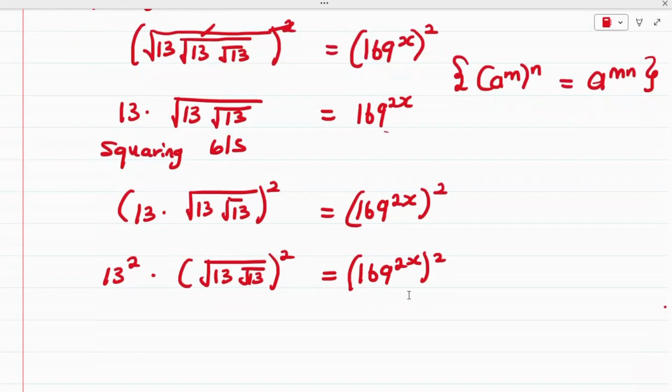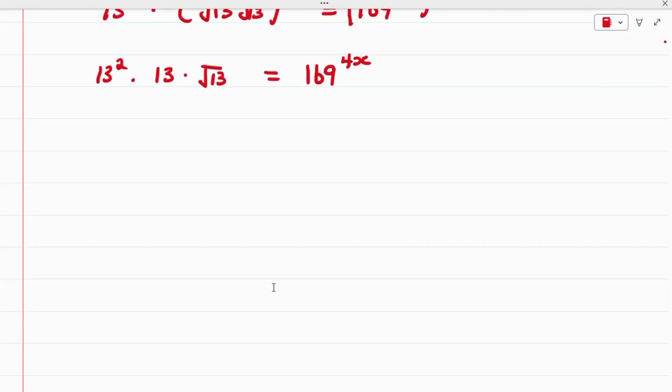This gives us 13 raised to the power of 2 multiplied by, this cancels out this, so we have 13 multiplied by the root of 13, which is equal to 169 raised to the power of 2x multiplied by 2, which is 4x. So we want to square both sides one more time.